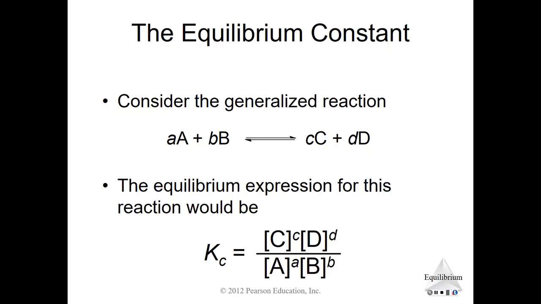So the concentration of C taken to its power times D to its power, whole thing over A, concentration of A to its power times B to its power. Okay, yes? So does the K stand for concentration or does it C? K is the equilibrium constant. C is concentration. So for pressure, when we have pressures, it'll be Kp, which will be the equilibrium constant for pressures. And again, it's just a way to differentiate what kind of problems we're working. That's really all it's for.